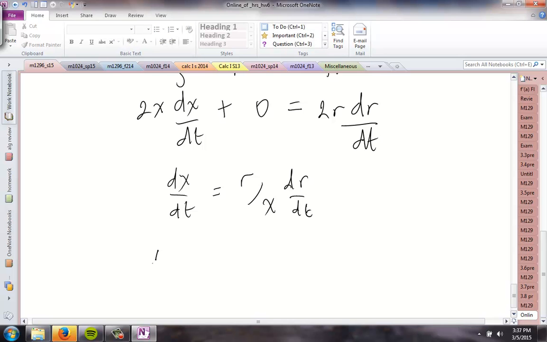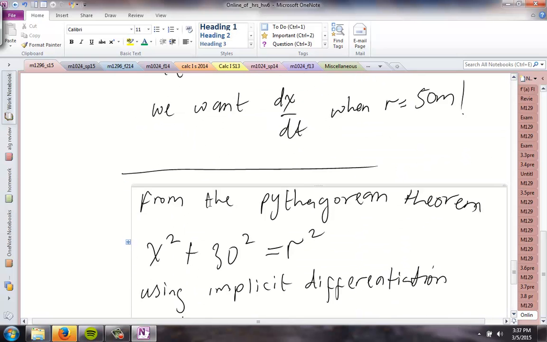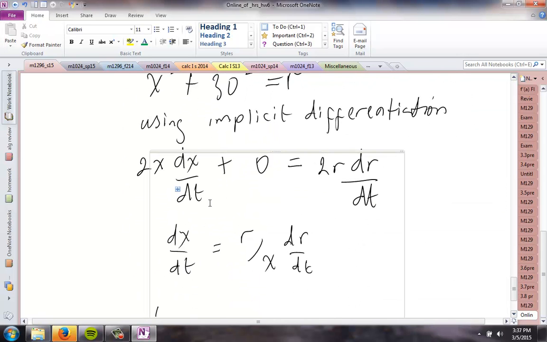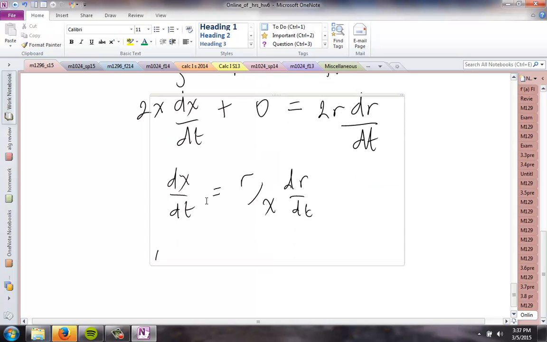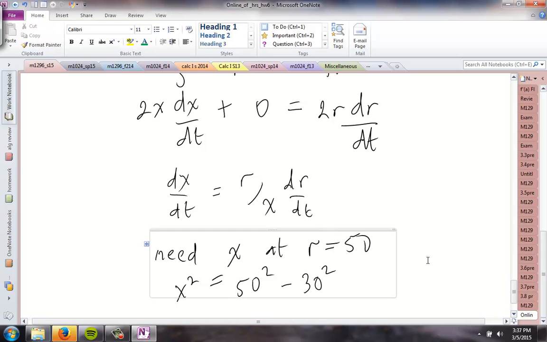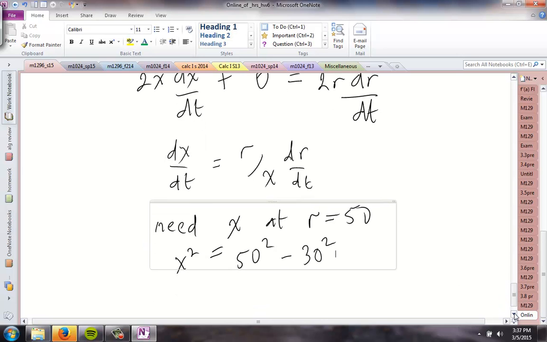Okay. So we know r, we don't know x, we know dr/dt. So to get x at r equal to 50, we solve this equation: x squared plus 30 squared is equal to 50 squared, and we get that from the equation we derived earlier on.